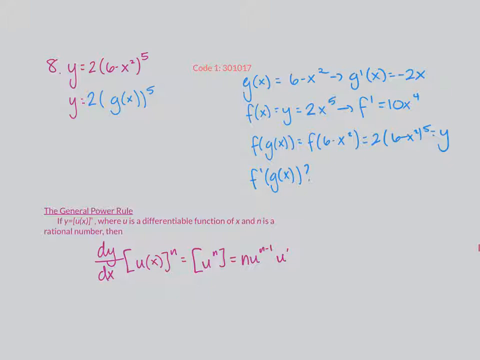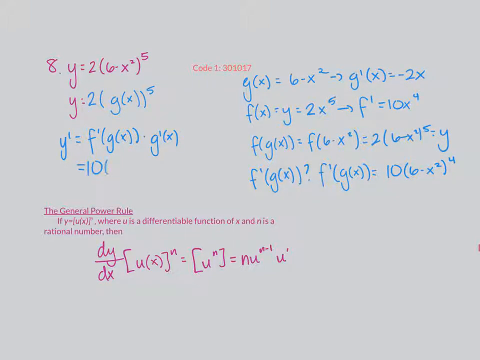That is going to be f prime at g of x. So that will be 10, and then everywhere I see an x, I'm going to replace it with my original g, so that's 6 minus x squared to the fourth. Okay, and so I'm going to fill in. So y prime is equal to f prime of g of x times g prime of x. So I'm going to copy, it's 10 times 6 minus x squared to the fourth times a negative 2x. And you simplify that to negative 20x times 6 minus x squared to the fourth.